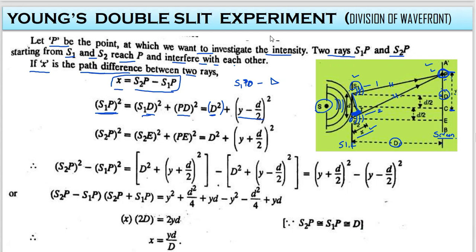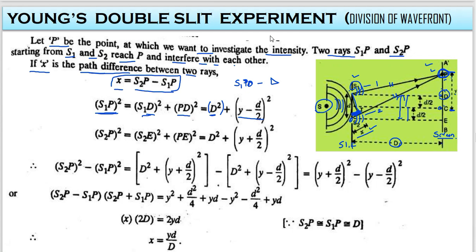If the full slit separation is small d, then the half will be d by 2. From C to P is y, so from D to P will be y minus d by 2, and from P to E it is y plus d by 2.